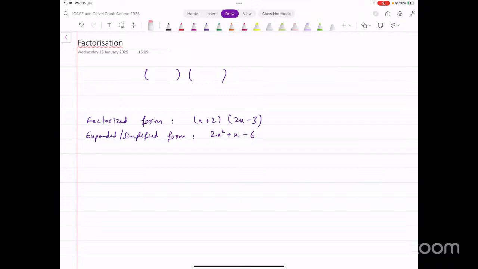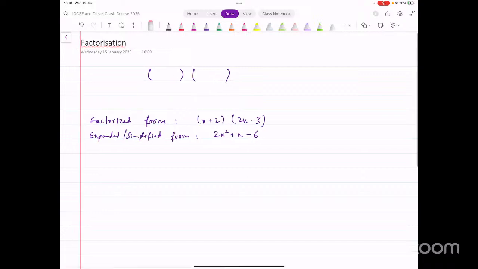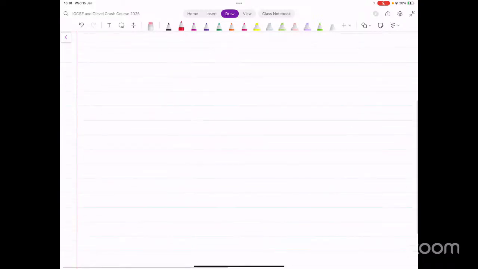Okay. Now, there could be a number of different types of expressions that you would have to factorize. Let's take some examples. Let's take some simple examples. Let's say you want to factorize simple expressions like this: 5x minus 20.